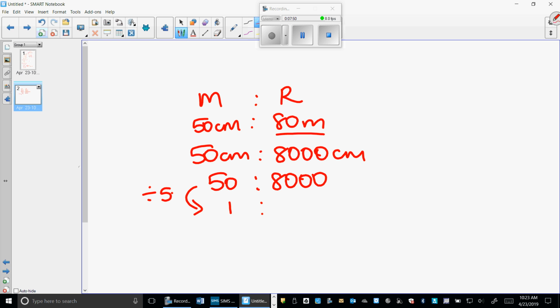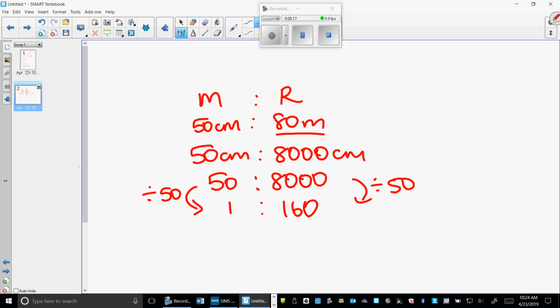I had to divide it by 50. So I do the same to that side. 160. So each unit on my model, in real life it's 160 times that measurement.